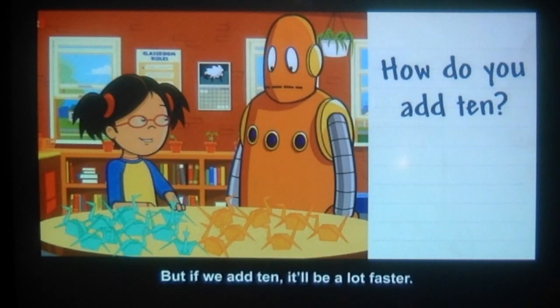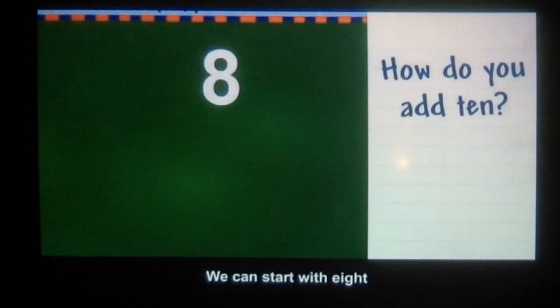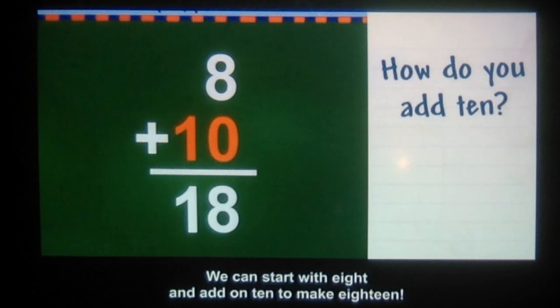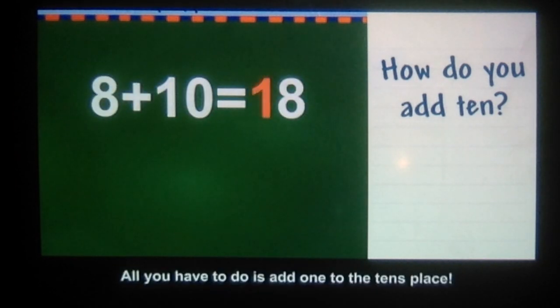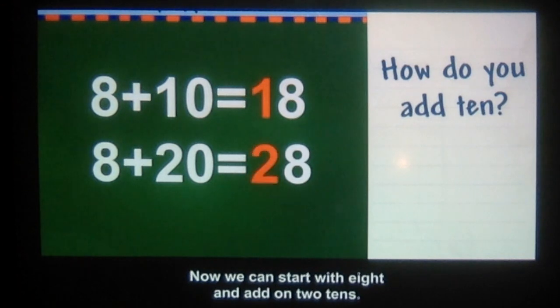But if we add 10, it'll be a lot faster. We can start with 8 and add on 10 to make 18. All you have to do is add 1 to the tens place. Now we can start with 8 and add on 2 tens.